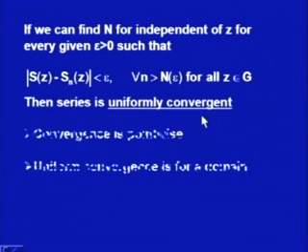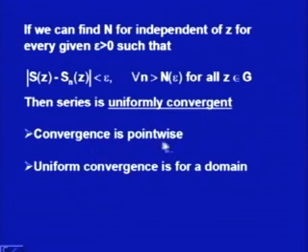So, accordingly convergence is pointwise, that means we say the series is convergent at z equal to a, and uniform convergence is for a domain. So, we can find the capital N irrespective of z in that domain.